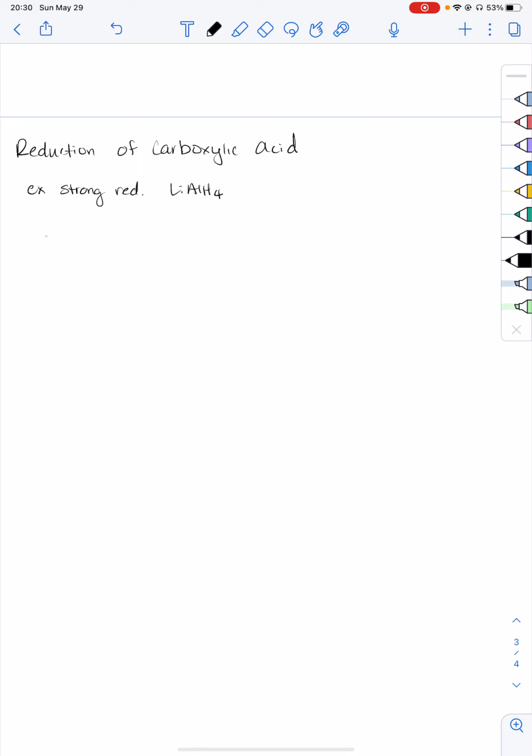And so amides. So during the reduction of carboxylic acid derivatives, most reductions of carboxylic acids lead to the formation of primary alcohols.